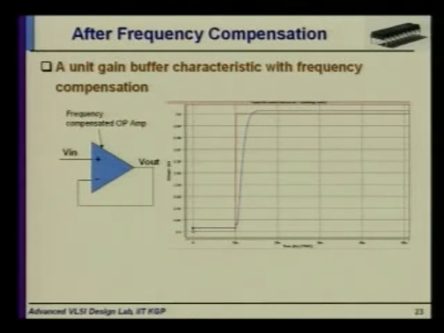In the input we have just given a step, the red curve, and the blue curve is the output. It just follows the input, obviously, as it is a voltage follower. After compensation it gives a very good following characteristic, because previously the oscillations were there, but after introducing the compensation capacitor and the nulling resistor, we have removed those oscillations and it has given a stable op amp, as you can see there.